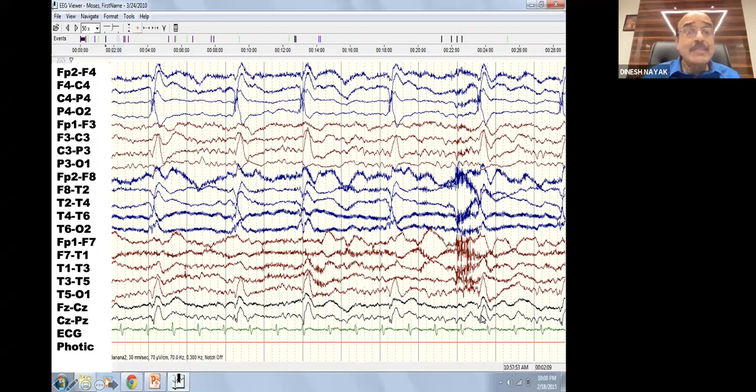When it happens like that, it evolves into a seizure. At the moment, this is only PLEDS, because you see only lateralized periodic discharges, predominantly over the right hemisphere. And because there are some rhythmic after discharges happening at times, this patient is likely to go into a seizure.